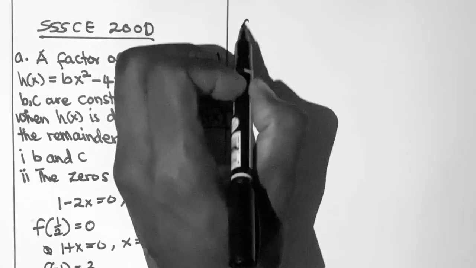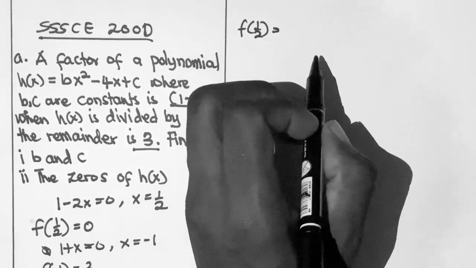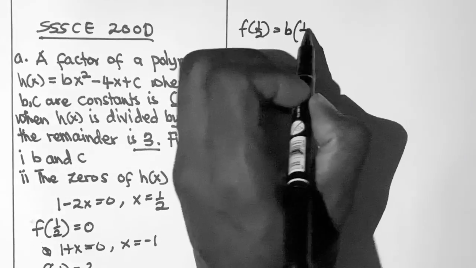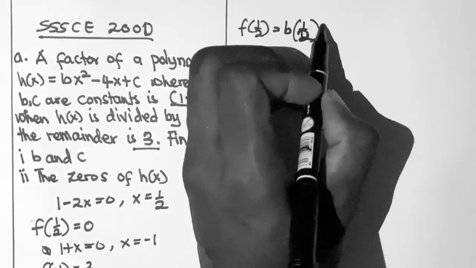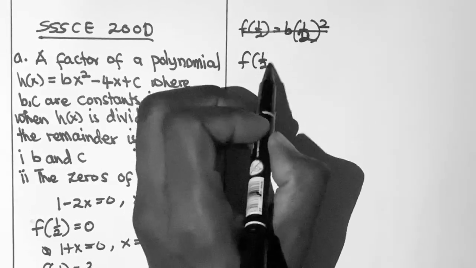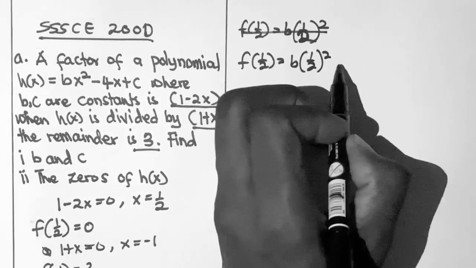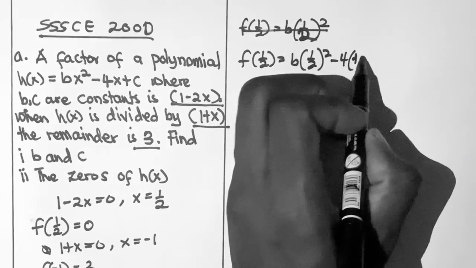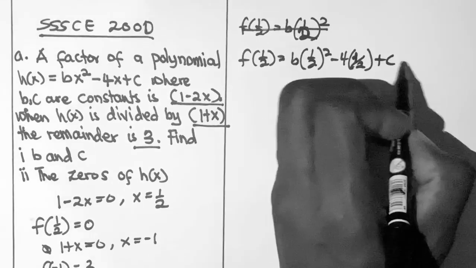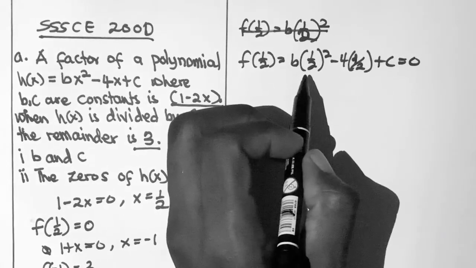So let's find h of 1 over 2. That is equal to, wherever you see x, put in 1 over 2. So b times 1 over 2 squared, then minus 4 times 1 over 2, then plus c, and then that is equal to 0. So 1 over 2 squared is the same as 1 over 4.